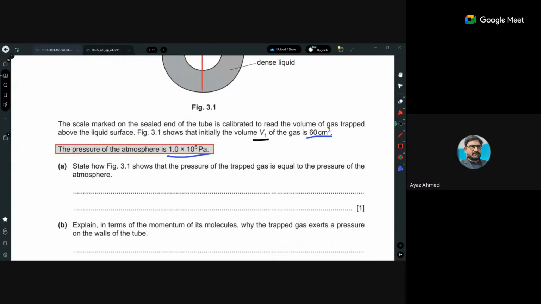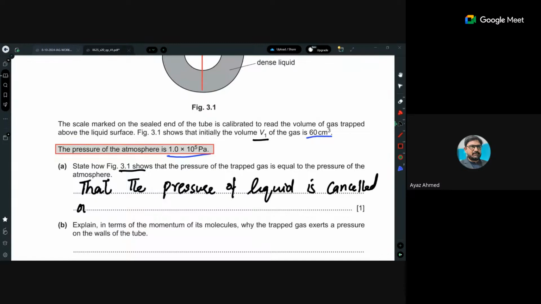So you will say, state how figure shows that pressure of the trapped gas is equal to pressure of atmosphere. You will say that the pressure of the liquid is cancelled out from both sides, or the height of liquid is the same.